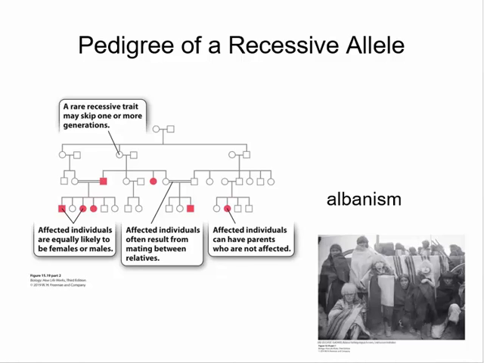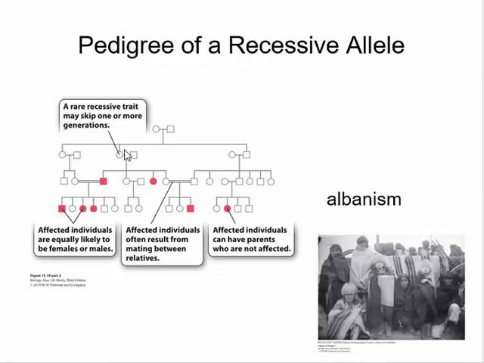All right, how about heredity of a recessive allele? So a couple of things that we might pay attention to. Well, the trait doesn't appear as often as we saw with the dominant trait. We see it skipping generations. So if this was a dominant trait that appeared in subsequent generations, it wouldn't skip a generation. And we would only see that where the trait is, quote unquote, hidden in a recessive allele.